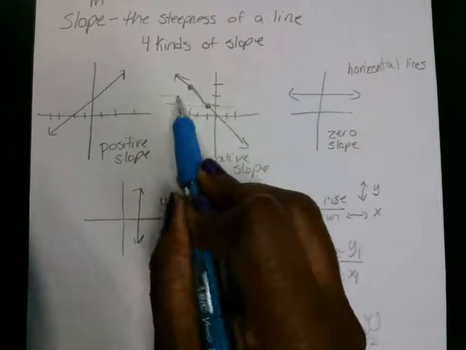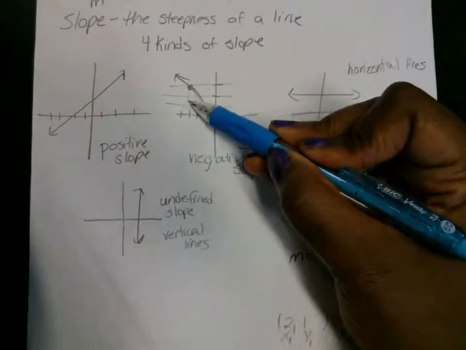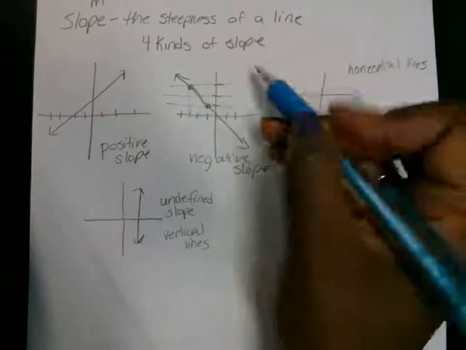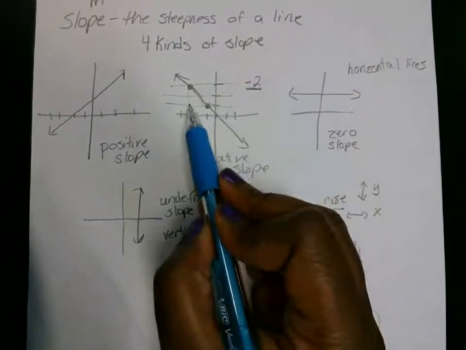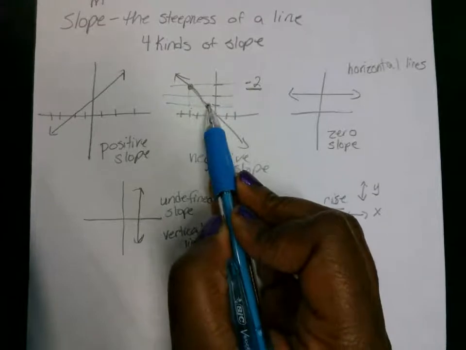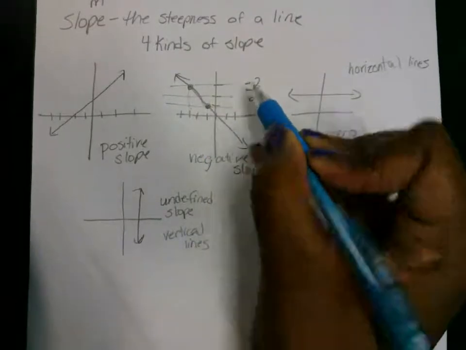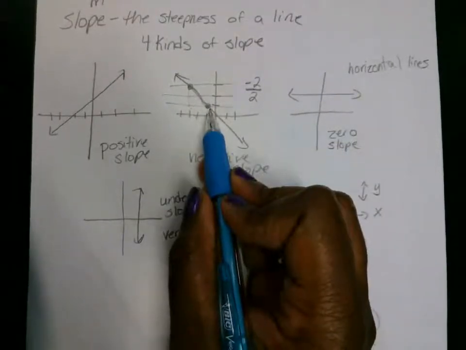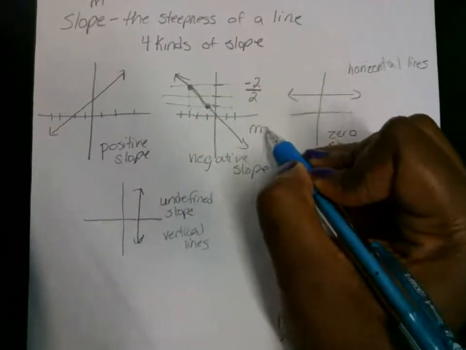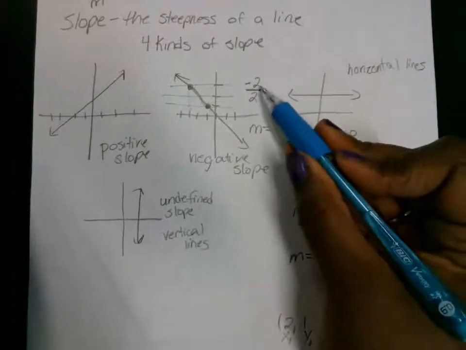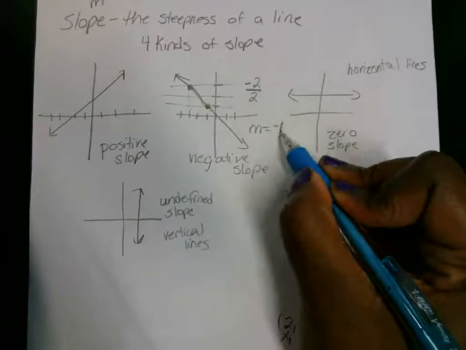So I'm going down 2 times, so my top number is a -2. Then I'm going over 2 times, so my bottom number is a +2 because I'm going to the right 2. So my answer for slope, or M, because remember that's the letter for slope, is going to be a -1.